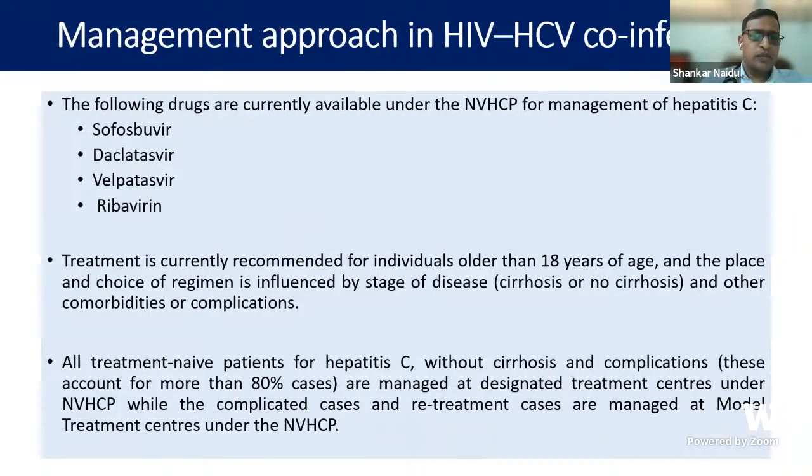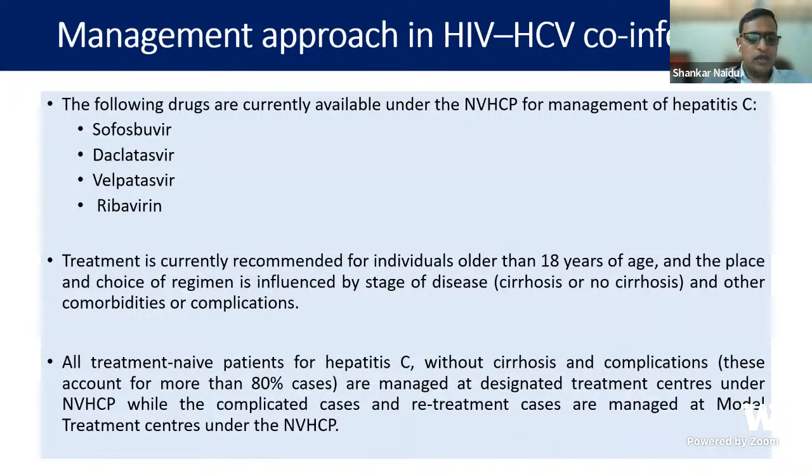So regarding the management of hepatitis C infection, the 4 direct acting antivirals that are available under the national program are sofosbuvir, daclatasvir, velpatasvir, and ribavirin. Treatment is currently recommended for individuals who are 18 years or older, and the timing and choice of regimen is influenced by the stage of the disease, and also where these patients need to be treated, depending on the stage of the liver disease.